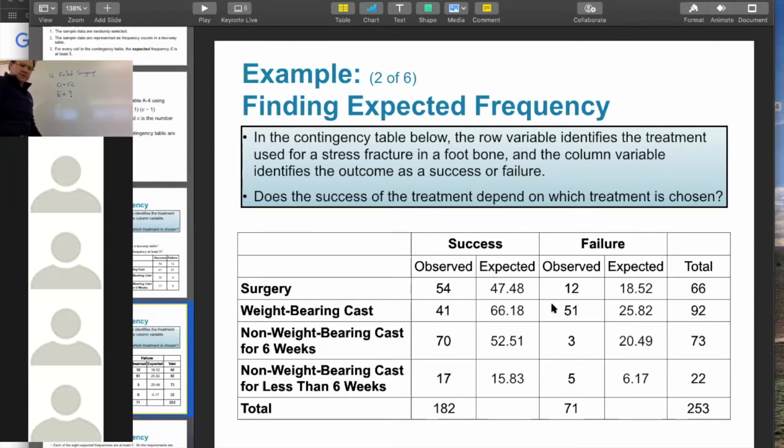And what we saw on the previous slide is that you could take the row total multiplied by the column total divided by the grand total.